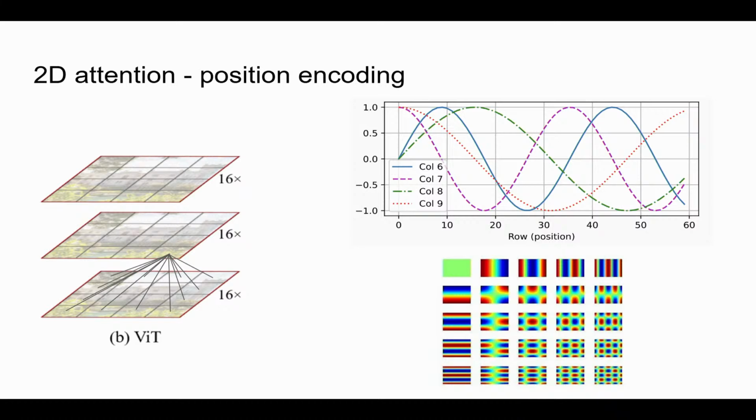Here, you get all the values of those pixels and you do a linear projection to a vector. And then it's a normal transformer. The next layer has connections to all the patches in the layer below that. There's full attention, like the normal one, which we would use anywhere else.